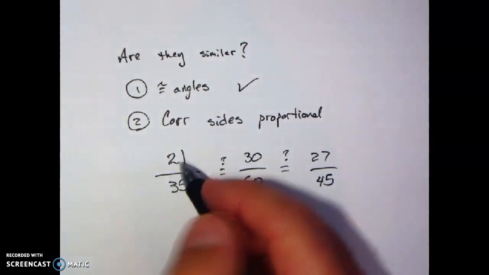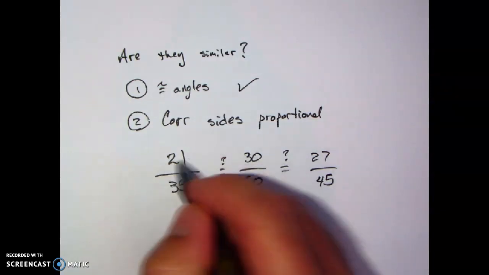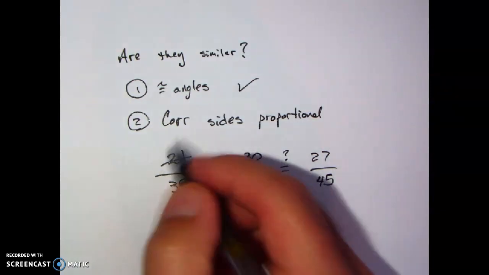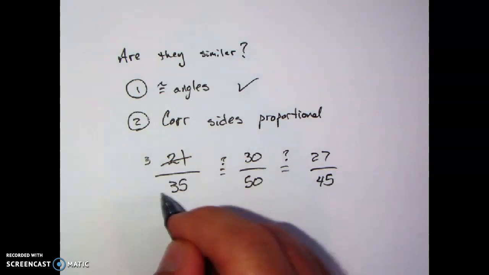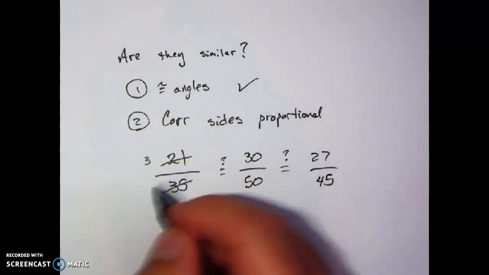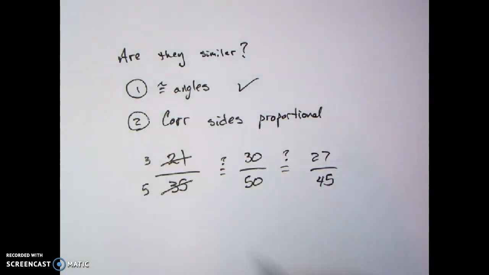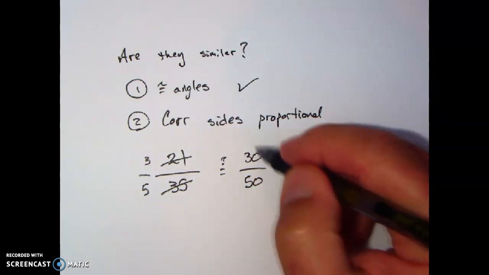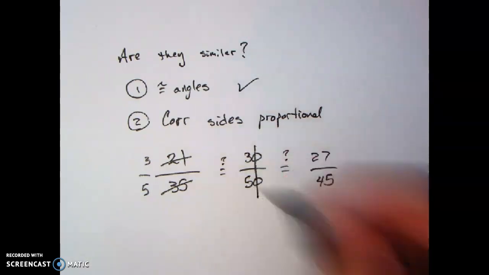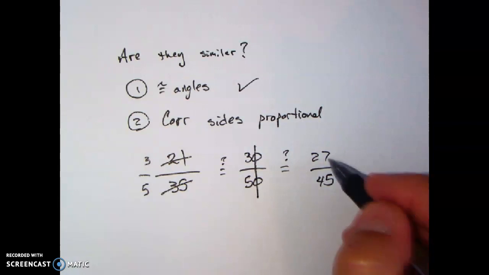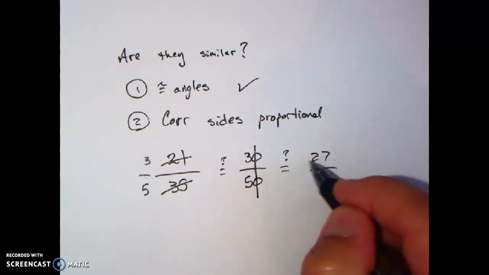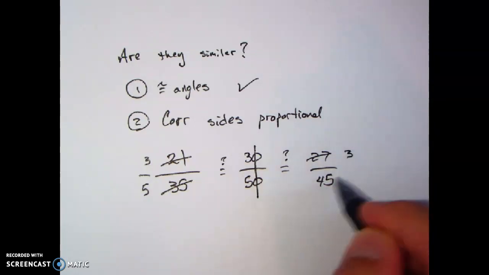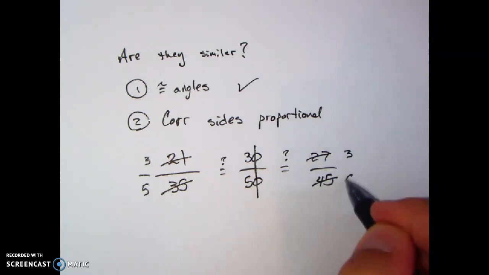Now, one thing I notice right here is that these are divisible by 7. 21, if I divide that by 7, I get 3. 35, if I divide that by 7, I get 5. So that reduces to 3 over 5. The 30 and the 50, if I divide by 10, reduces to 3 over 5. And the 27 over 45, if I divide those by 9, 27 divided by 9 is 3, 45 divided by 9 is 5.